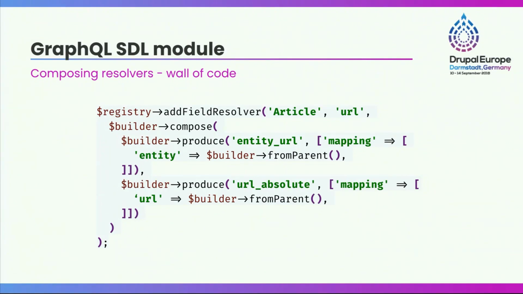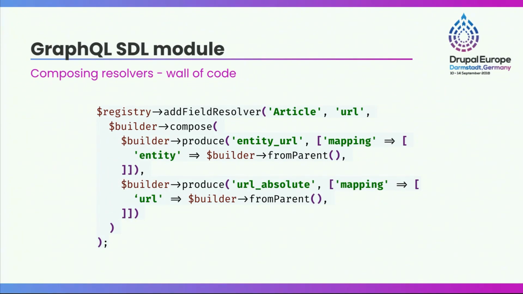Just a quick look at how this would work out. In this example, we're defining the URL field on the article type, and we are composing two other plugins. The first one is entity URL, which takes the entity you pass in and returns the URL object of this entity's canonical URL.